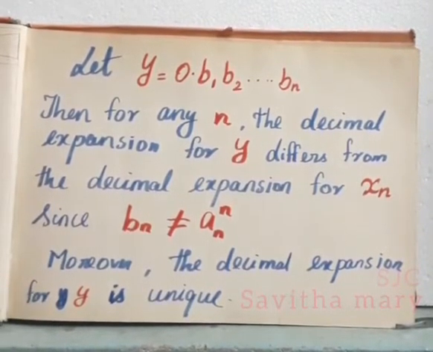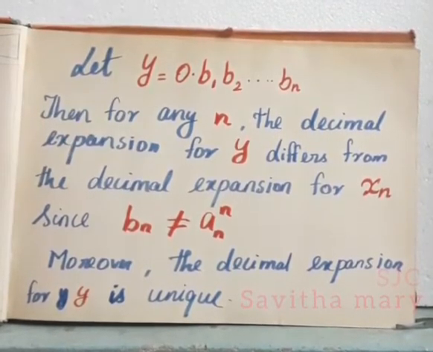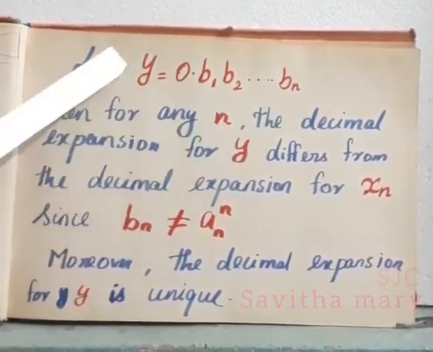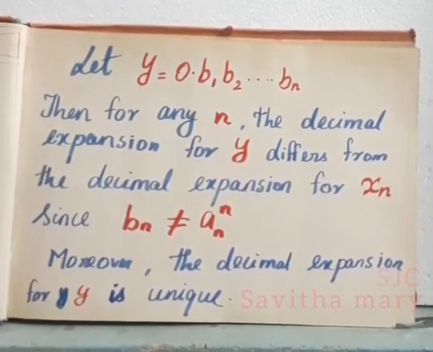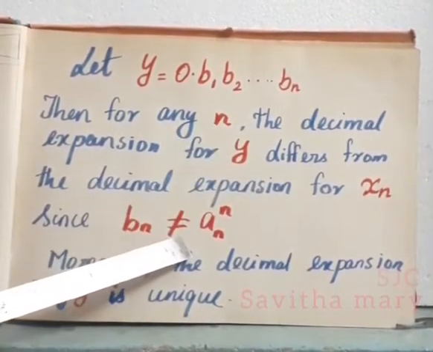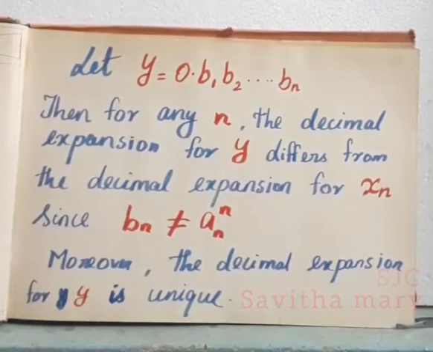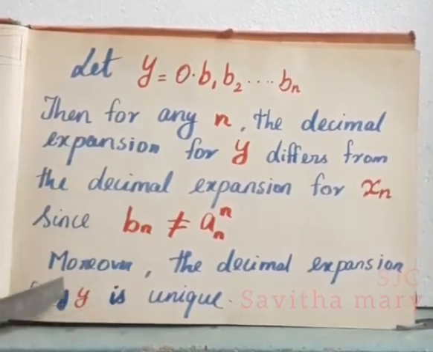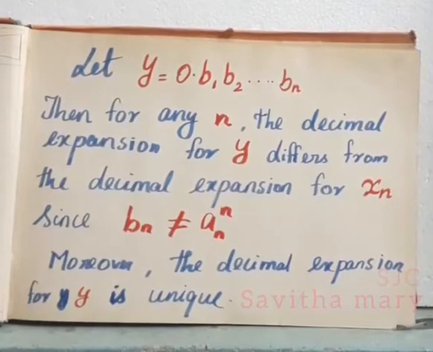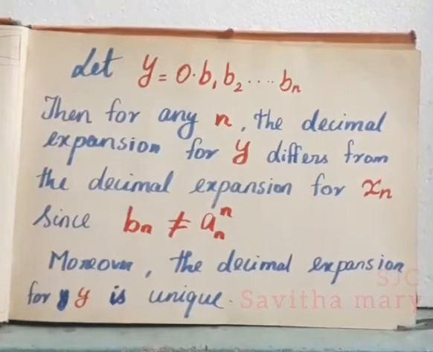Continuing this process, we get the number y equal to 0.b1, b2, b3 and so on. Then for any n, y differs from the expansion of xn, since bn is not equal to ann. Moreover, the decimal expansion of y is unique, so it is not equal to any other number, and it differs from the decimal expansion of every xn.